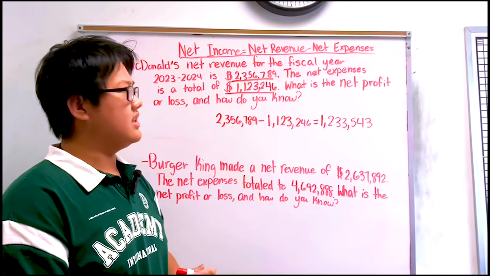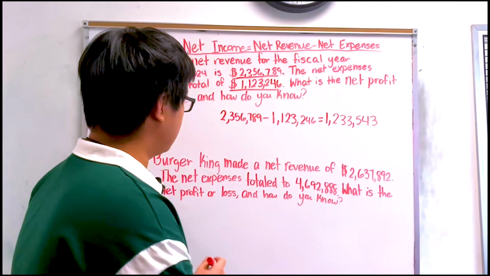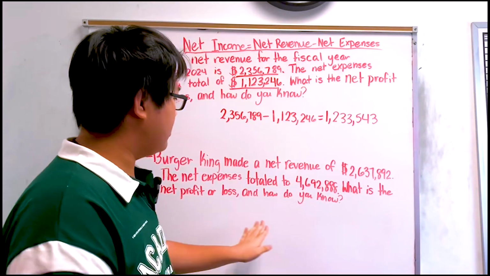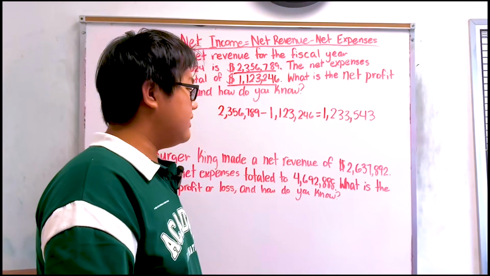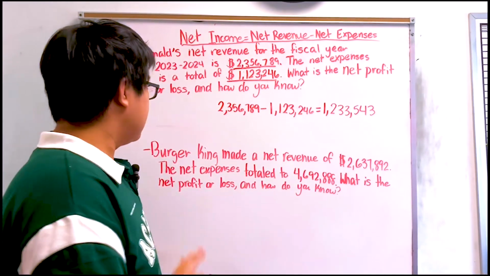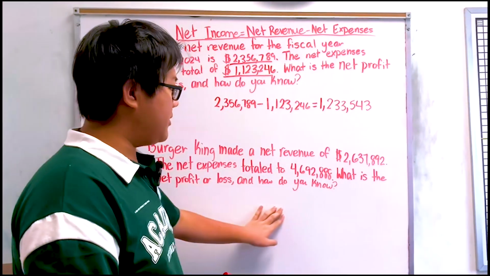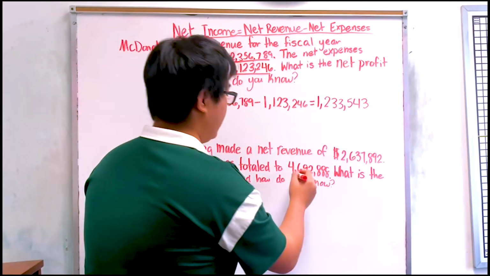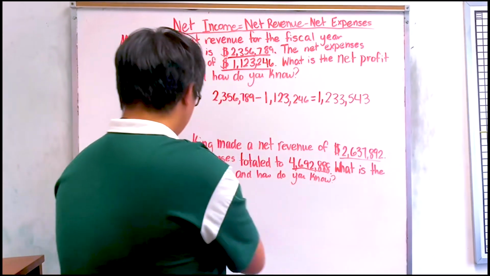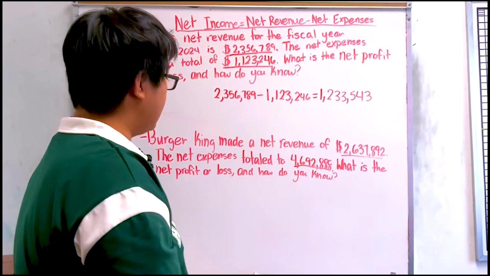But how do we know if it's a net loss? So let's look at this equation. It says Burger King made a net revenue of $2,637,892. The net expenses total to $4,692,888. What is a total profit or loss, and how do we know?